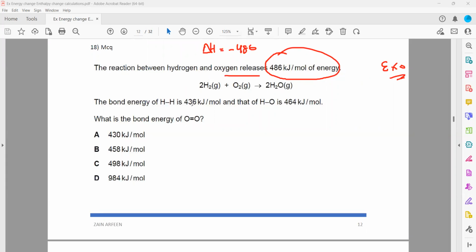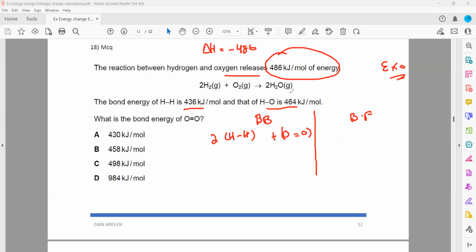The bond energy for hydrogen is given, and we need oxygen. First we have a bond breaking side, and then a bond forming side. Bond breaking: hydrogen, two of them, as one molecule contains a hydrogen single bond and there are two molecules, plus oxygen double bonded with oxygen, which is unknown.